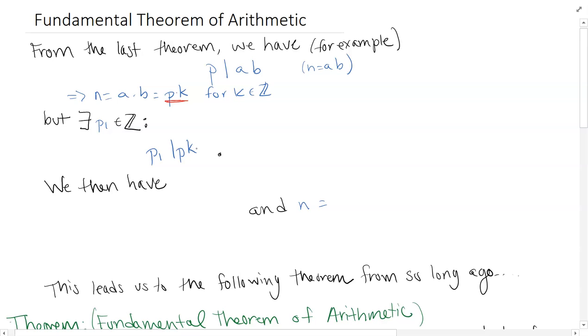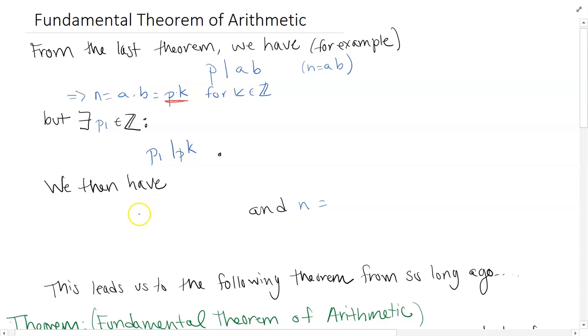Since P1 divides PK, and we're going to assume for a minute that P1 and P are different, we could actually modify that to P1 divides K, but if you want to leave that in there, it's not going to hurt.